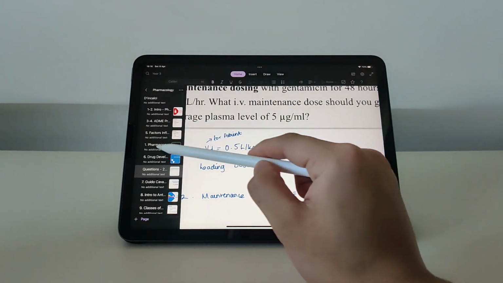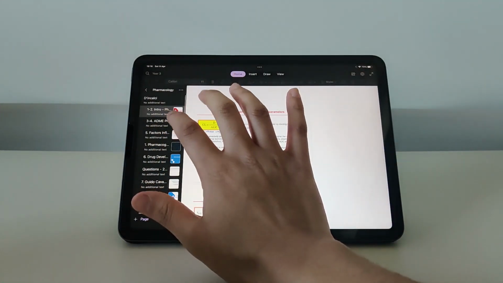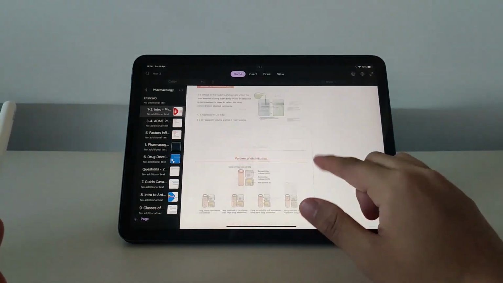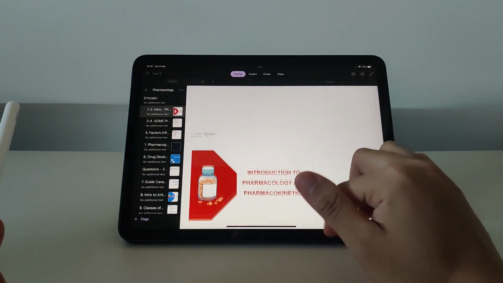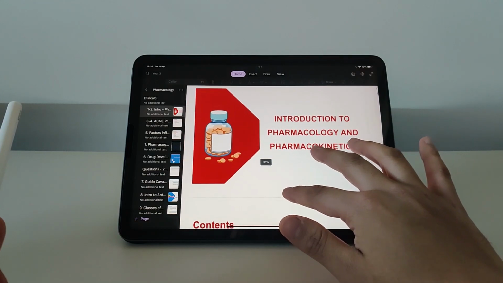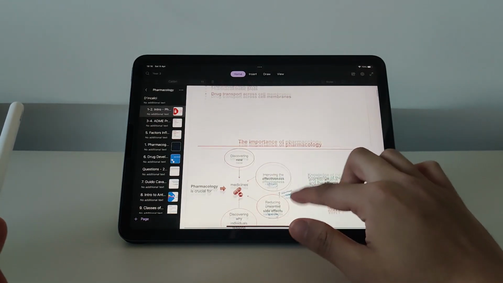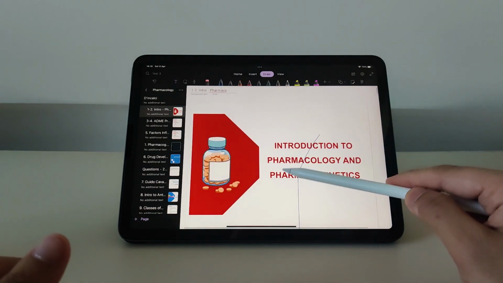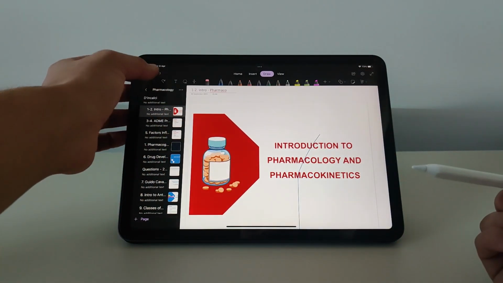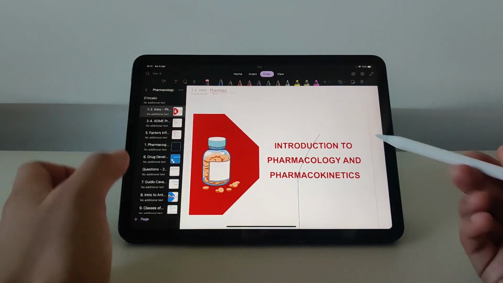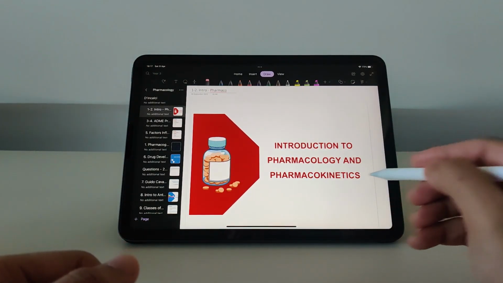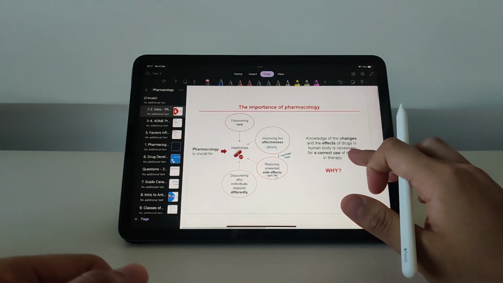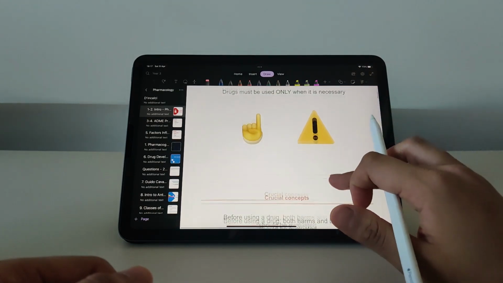In terms of studying, I get all the lectures for every subject so I can write any extra notes and highlight what I need to do, or things like that in terms of extra study.